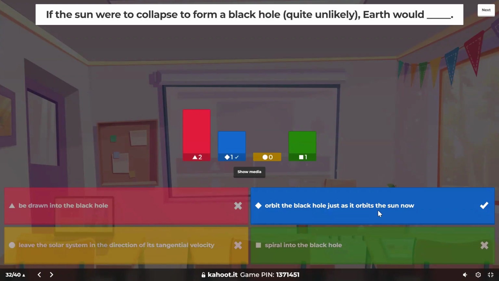The mass of the Earth is the same, the orbital speed of the Earth is the same. The mass of the sun, now black hole, is the same, and the distance from the Earth to the black hole, center to center, is the same too. So it just keeps on orbiting.